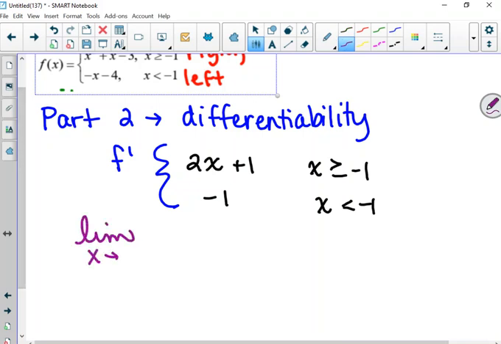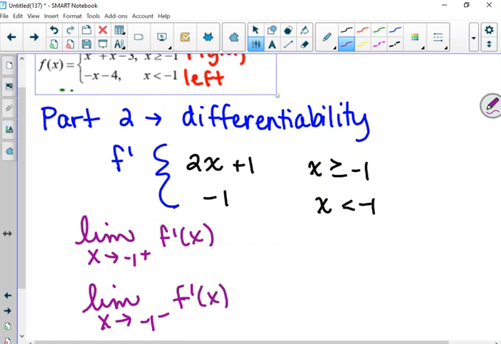And once again, I'm going to verify the continuity of f prime. The existence of the point I already have from the first part, so when I do this part, I only have to check the limits, left and right, of f prime at negative 1.